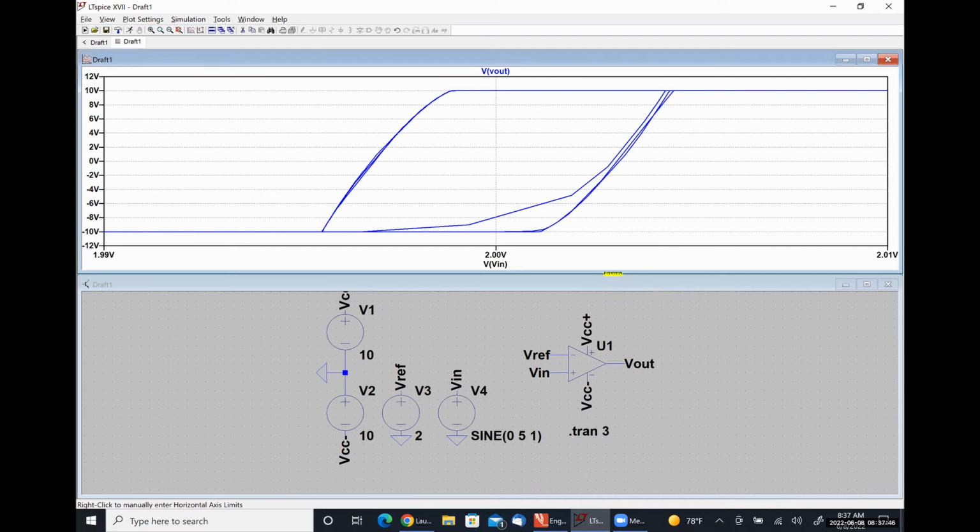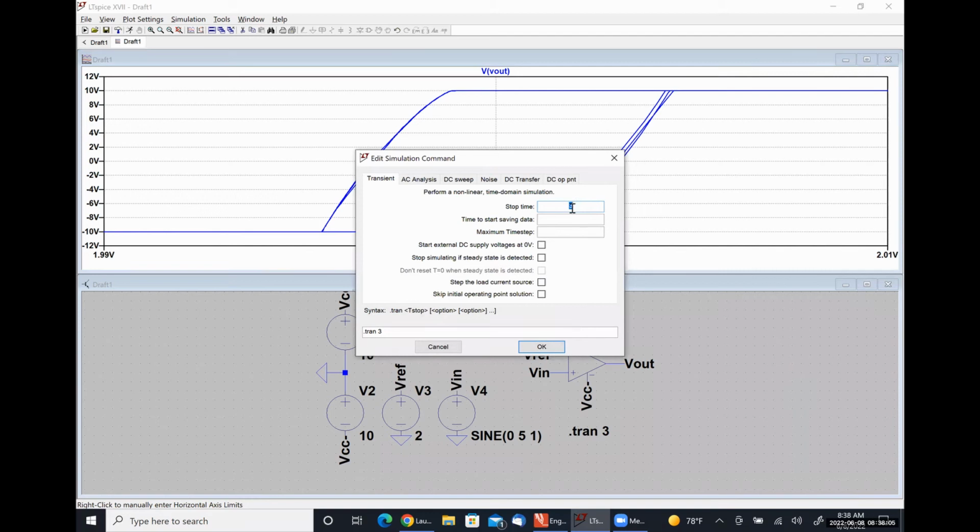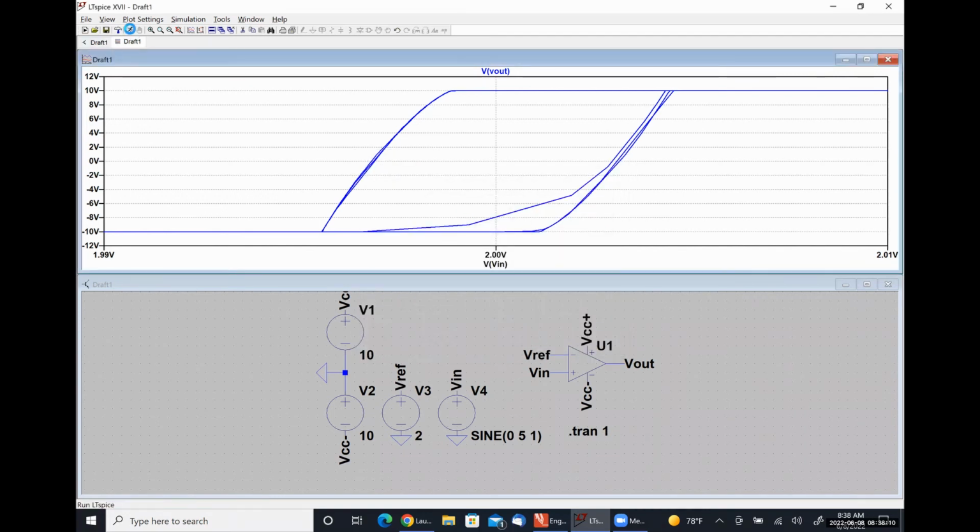And what this looks like is hysteresis. Effectively, it's flipping back and forth between these values. This is an artifact of us having run the simulation for 3 cycles effectively. So if I change this stop time to 1, we should only see 1 cycle.